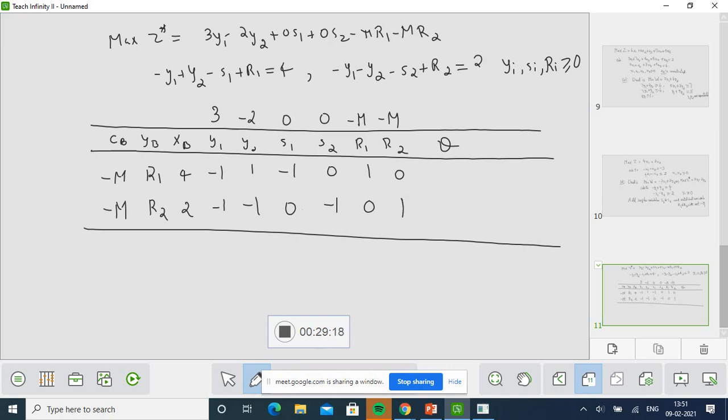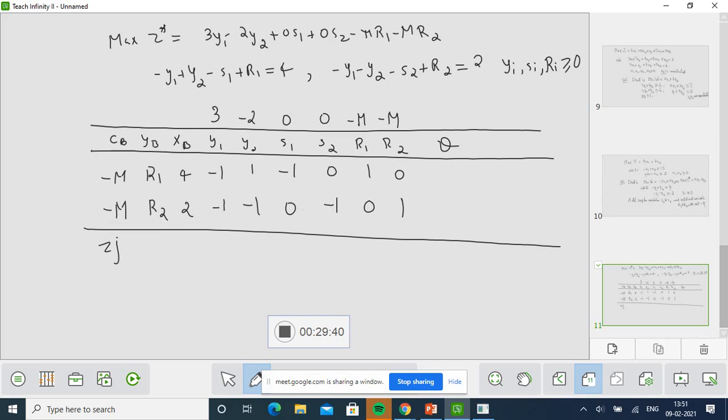How you write your YB is, after filling all the entries from XB to R1, R2, take the variable corresponding to your basis vector. What is the basis vector? E1, E2, etc. So R1 and R2. Like that also you can choose.